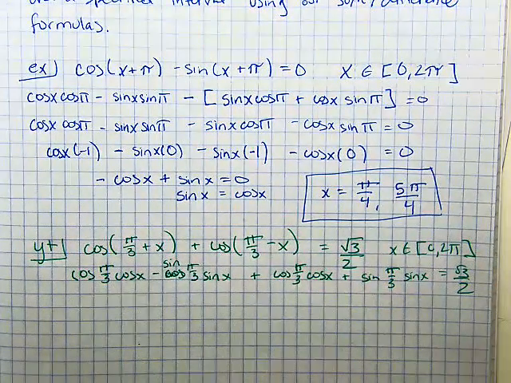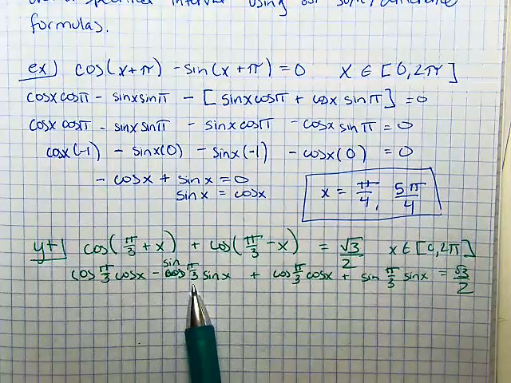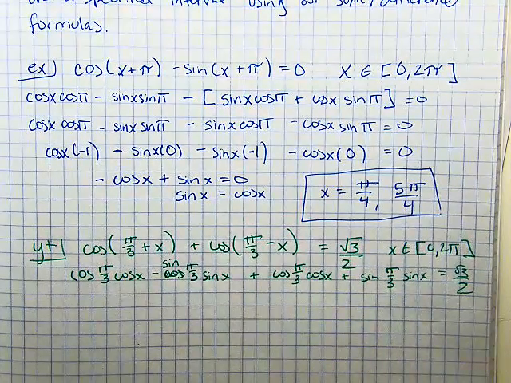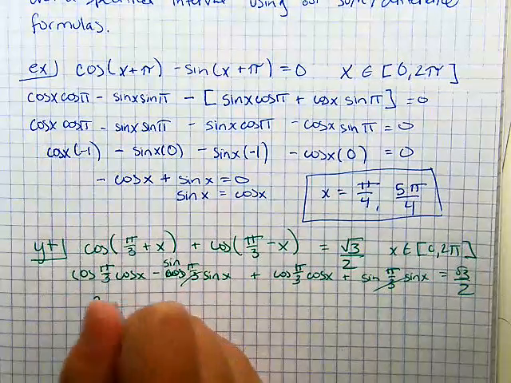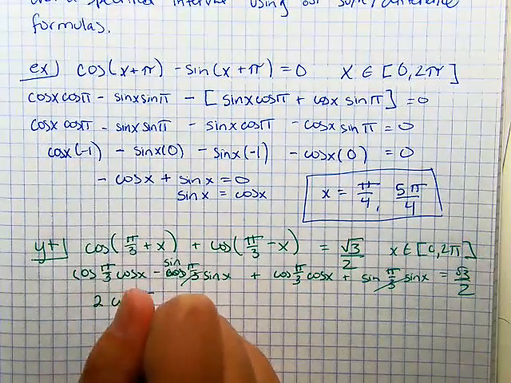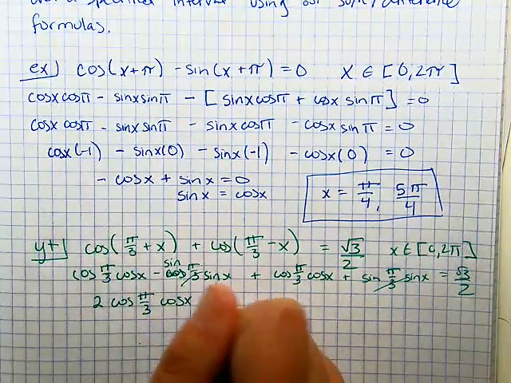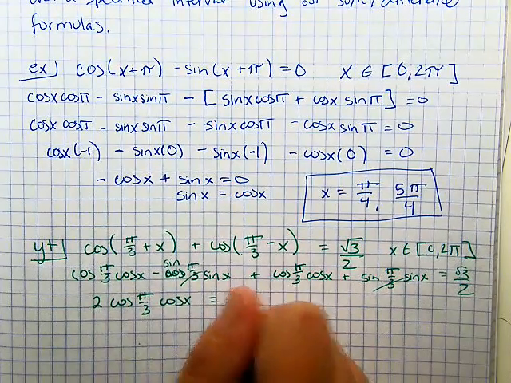Oh, look, I have a minus sine pi over 3 sine x and a positive one. So these guys will cancel out. And I'm left with 2 cosine pi over 3 times cosine of x equals root 3 over 2.